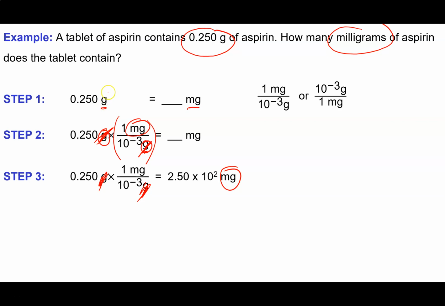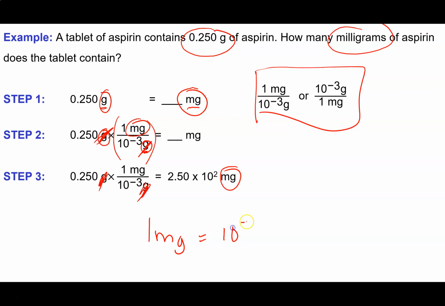So when I'm thinking about the conversion factor that I'm going to need, I'm relying on the relationship between milligrams and grams, and I'm going to take this equality here, and that's going to lead me to my two conversion factors.